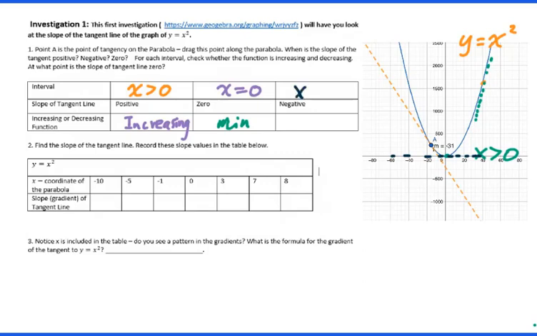When x is less than 0, the slope of a tangent line is negative, just like this one. This is a slope less than 0. And for this interval, this part of the graph, x less than 0, is decreasing.